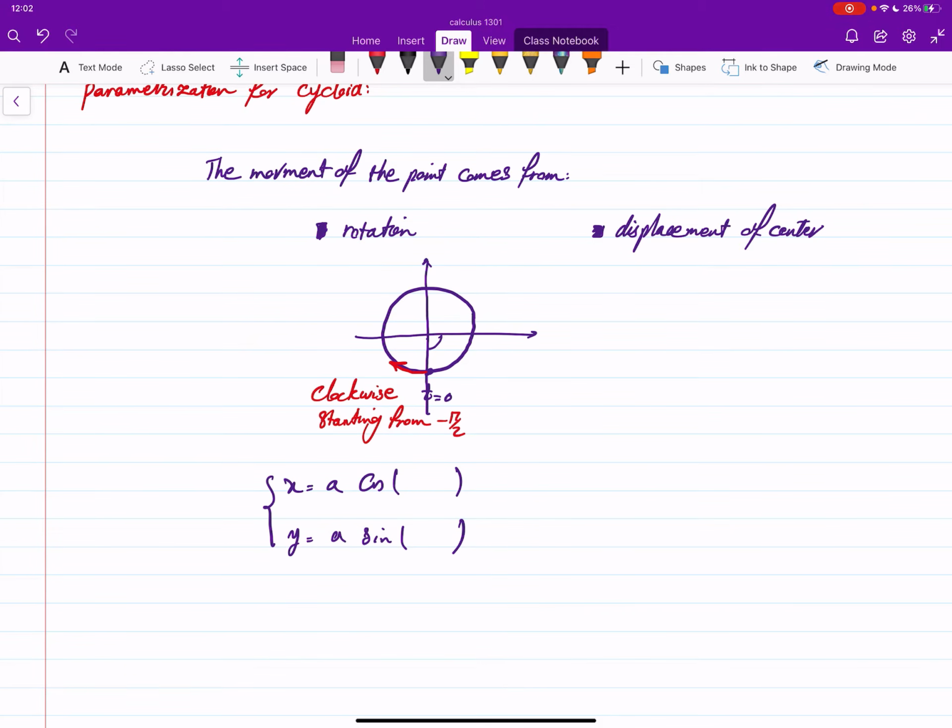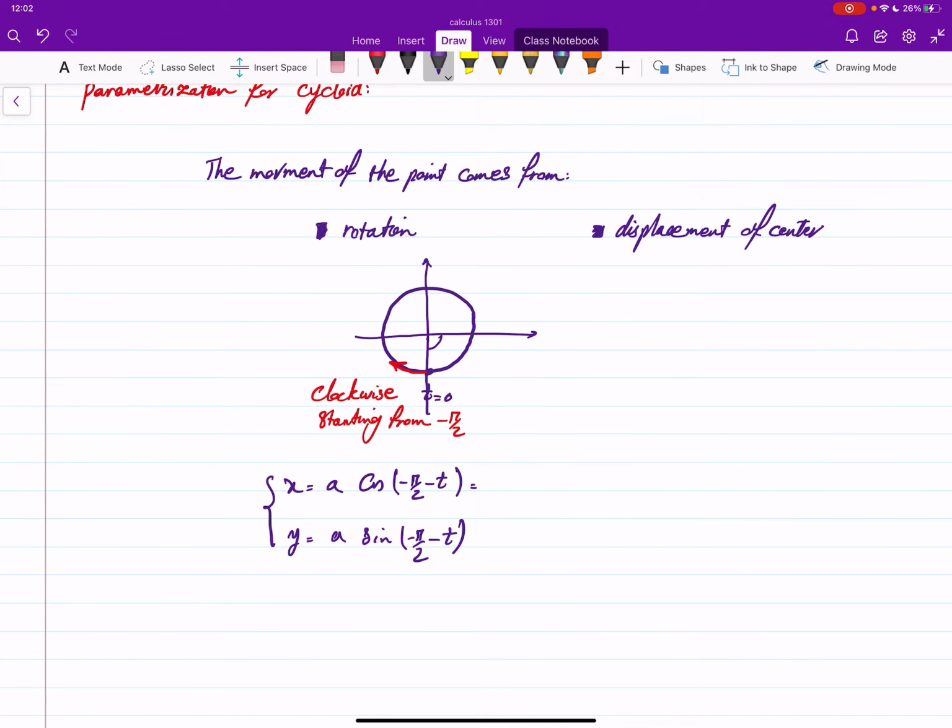Since it's going clockwise, the opposite of the standard counterclockwise direction, the coefficient of t must be negative. It starts from negative pi over 2, so you can write it like that. This will describe the movement generated by the rotation.